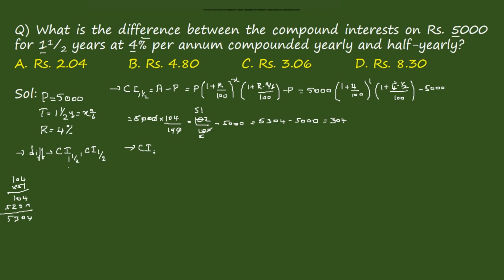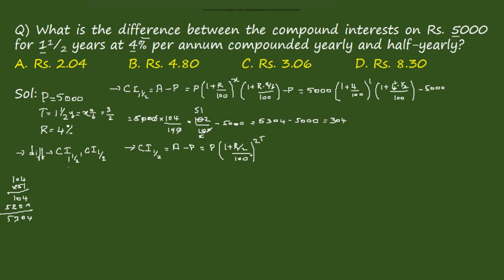Compound interest for 1 1/2 years half-yearly, which is equal to nothing but amount minus principal, right? So the formula is nothing but P into (1 + (R/2)/100)^2t, where T is nothing but 1 1/2, which is also equal to 3/2.